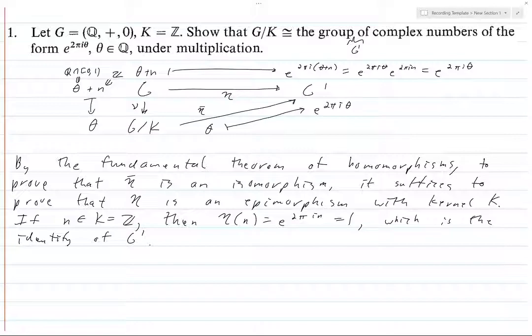I'm realizing now that this only shows us that the integers are contained in the kernel, so we have to do the other way. We know that the integers are contained in the kernel. So K is contained in the kernel.